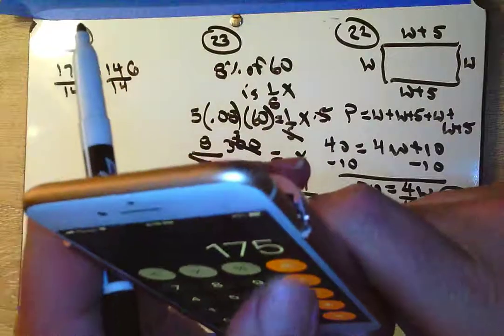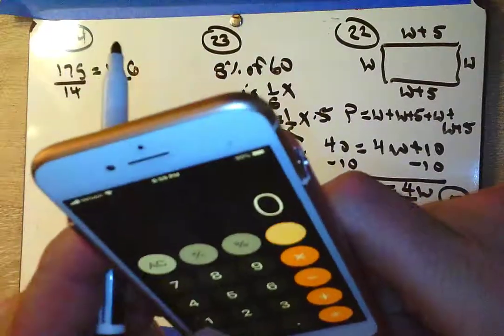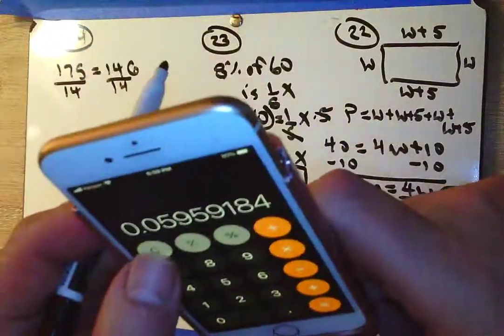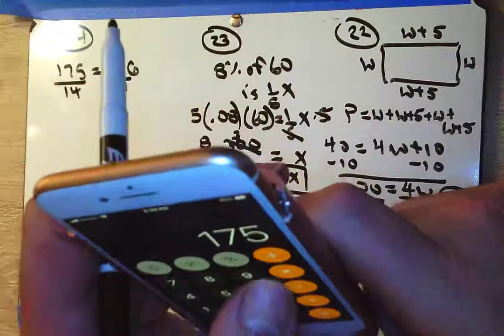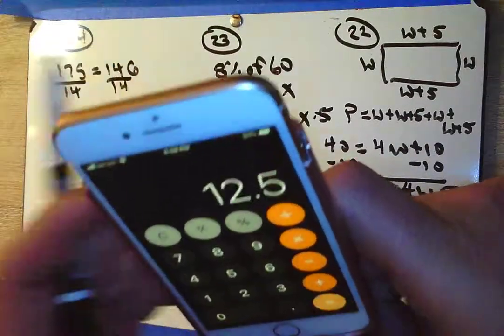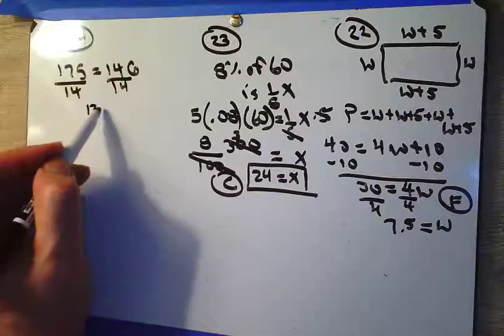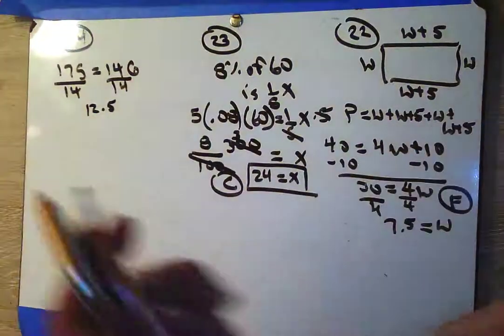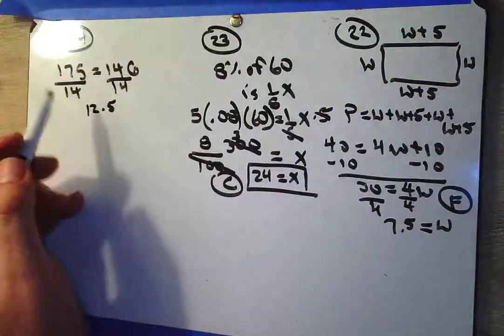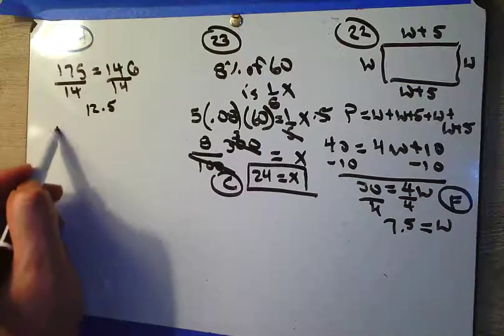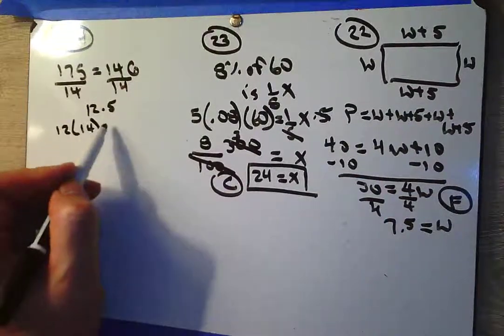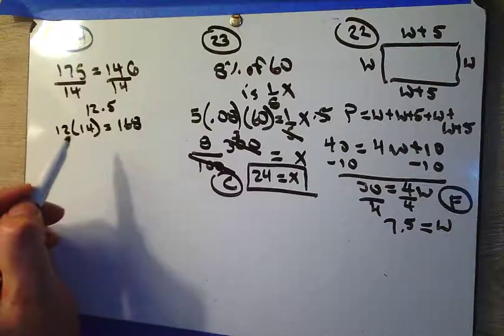175 divided by 14 equals 12.5 games. Okay, so if he goes to 12 games at $14 a game, that's $168.